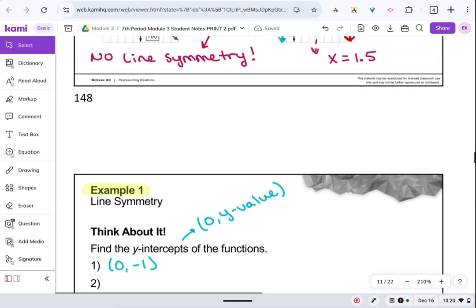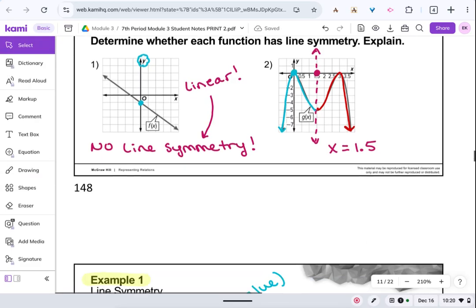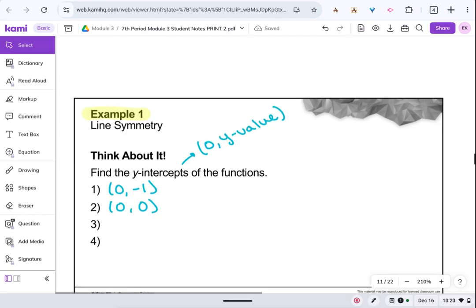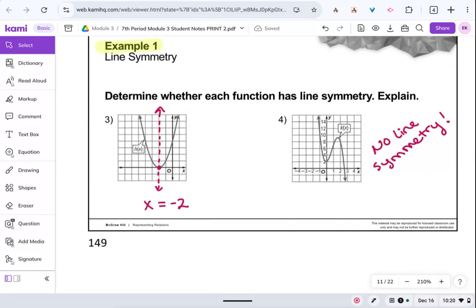Looking at the second graph here, the only place it crosses the y-axis is here at the origin, which is just 0, 0. So that's our only y-intercept, at 0, 0. And then if I look here at the last two, my y-intercept on this third one is right about there.